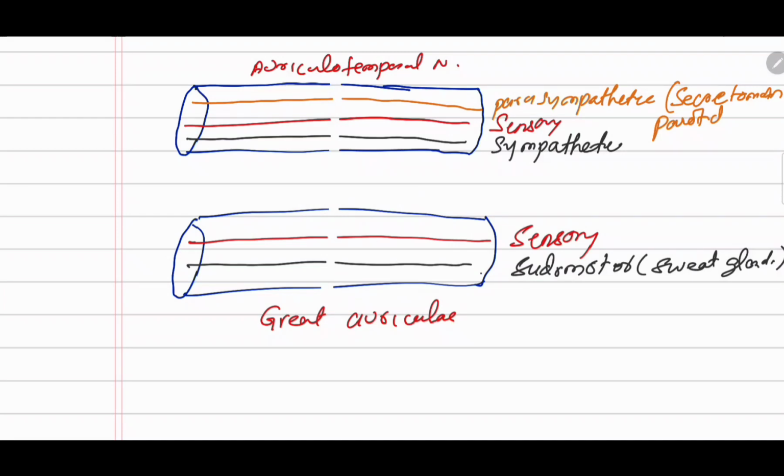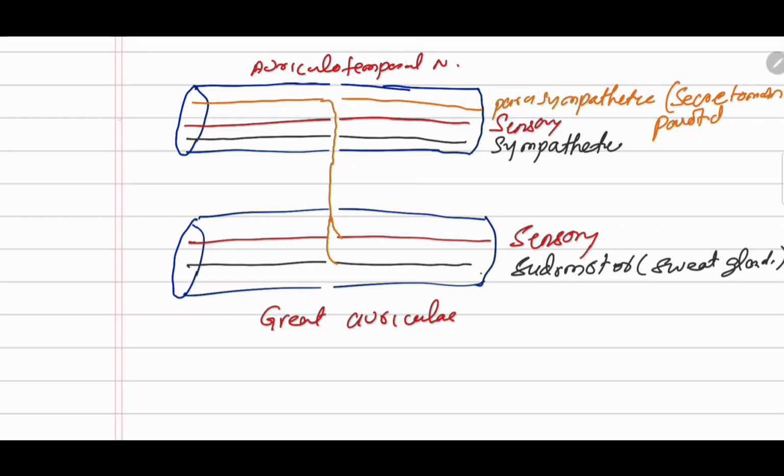During the degeneration, the secretomotor fibers of the auriculotemporal nerve grow into the endoneural sheath of the great auricular nerve, make connection and regenerate in this way, with the sensory and pseudomotor fibers.